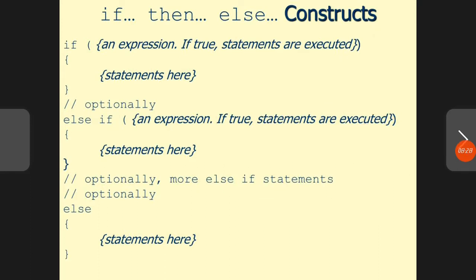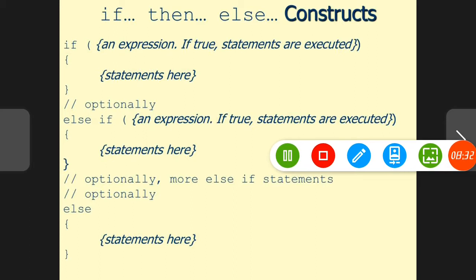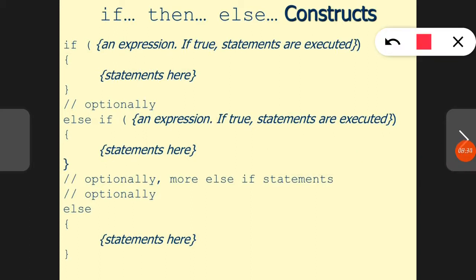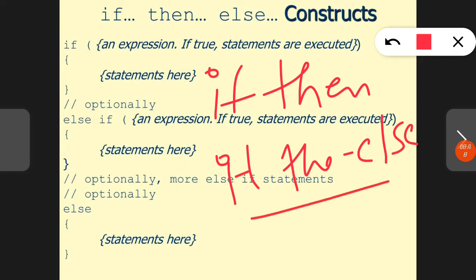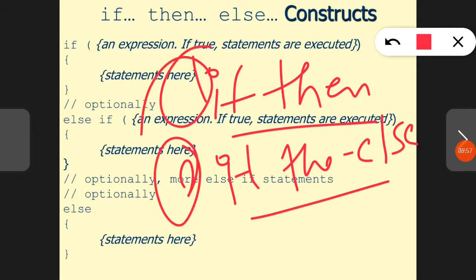Okay, and let us see the construct, that is selection statements. In JavaScript, there are two types of selection statements. The first one is if then, and the other is if then else. If then is one selection statement, and another one is if then else.